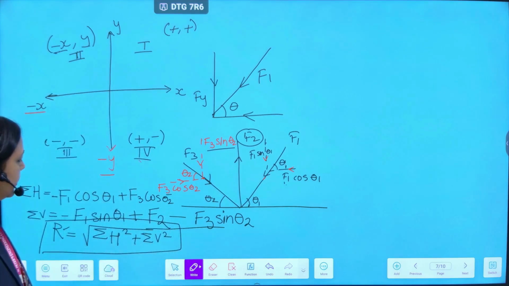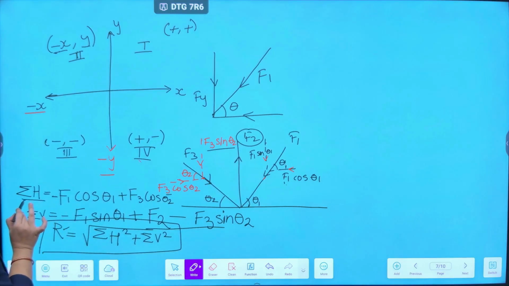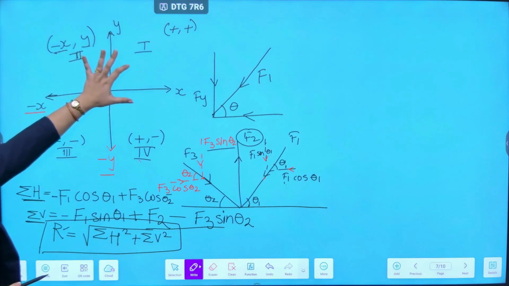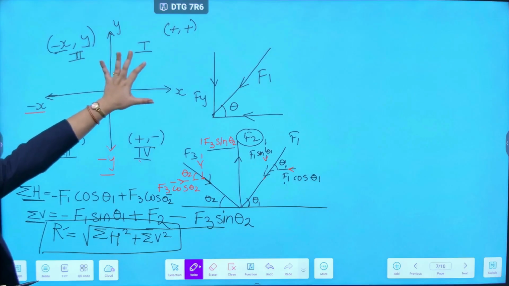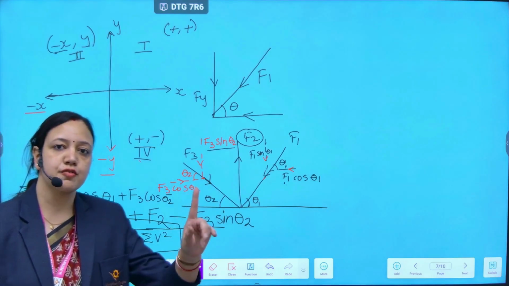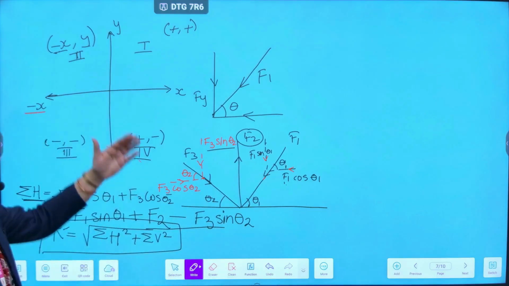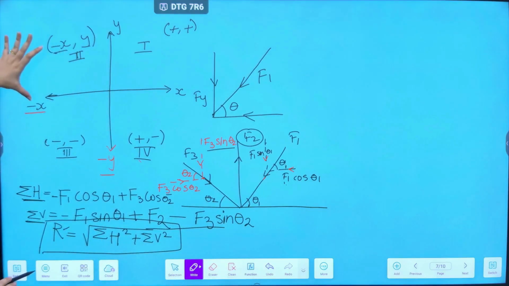Now, as I said, you have to see here whether sigma h is positive or negative, and sigma v is positive or negative. If sigma h is positive and sigma v is positive, the resultant will lie in the first quadrant. Similarly, if sigma h is negative and sigma v is positive, second quadrant.